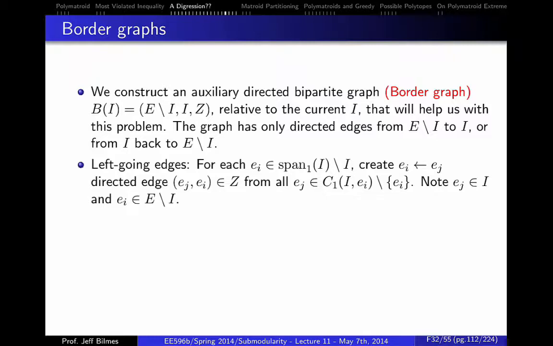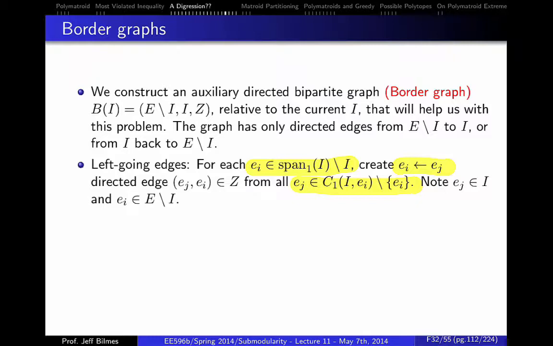We take I, and we look at the span of I in Matroid 1 except for I, and for every such E in the span of I in Matroid 1 except for I, we create a left-going edge where the receiver is I, from all J that are in the fundamental circuit in Matroid 1 created by adding EI to I.